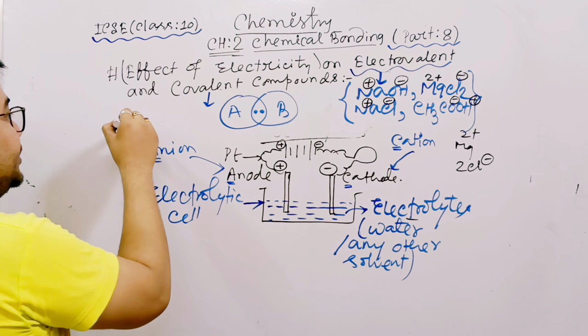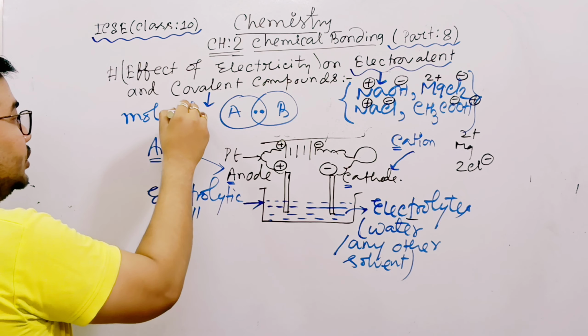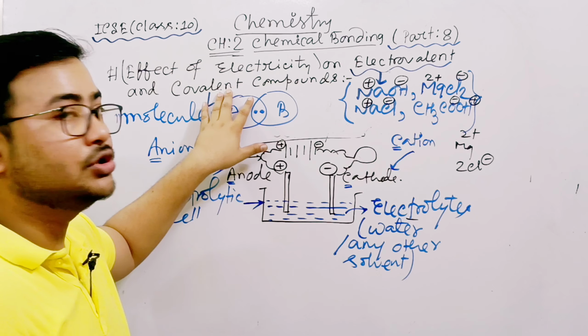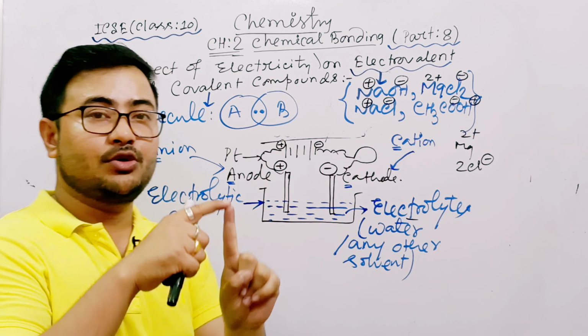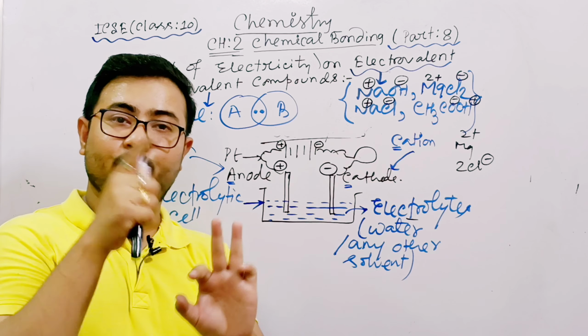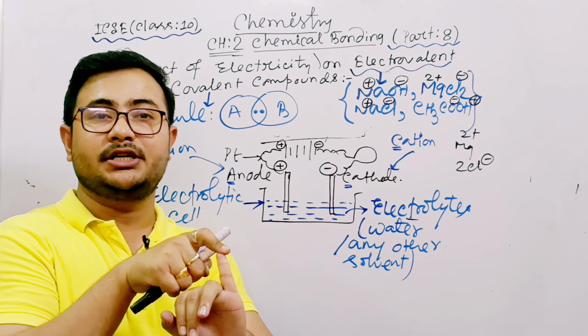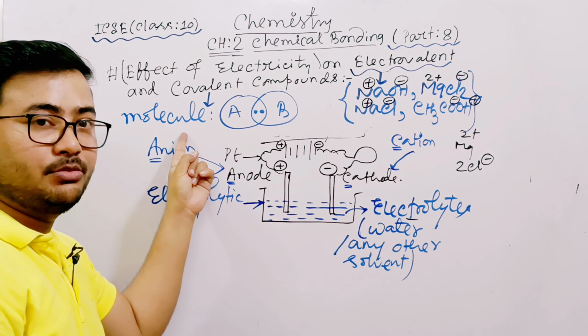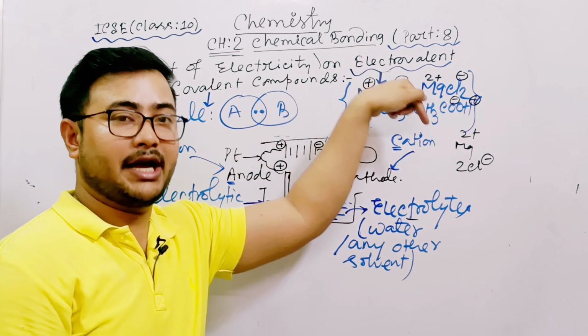These are molecules. So this is our previous year question. Covalent compound is composed of option A ions, option B molecules, option C both ions and molecules, option D none of these. So keep in your mind, covalent compound is composed of molecules and electrovalent of ions.